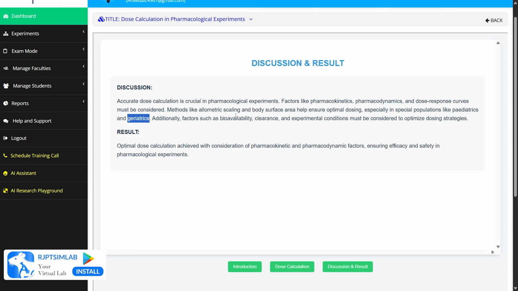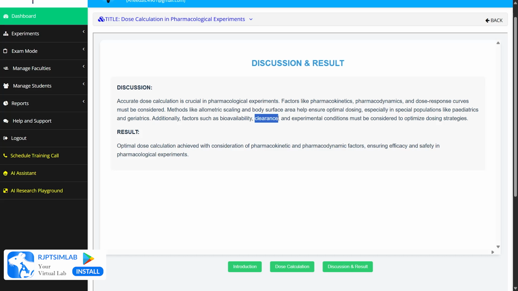As we know, when it passes through first pass metabolism in the liver in the oral route, it changes the amount of the drug. So we have to provide a large amount of drug for the oral route. But when we provide a parenteral route, the amount of the drug is not large. Or in the transdermal route or topical route, the amount of the drug is not large. We have to provide a small amount of drug, otherwise it will increase the toxicity level.